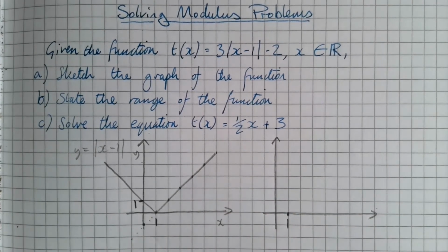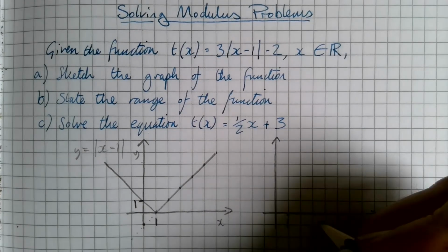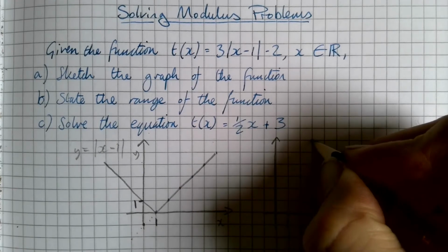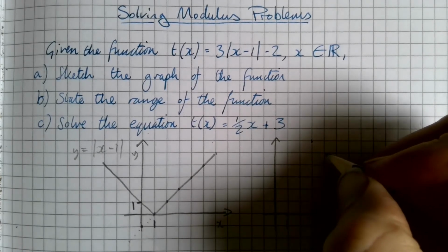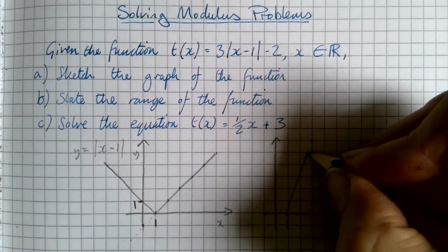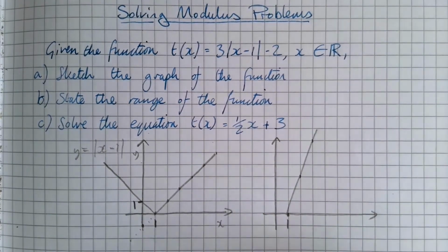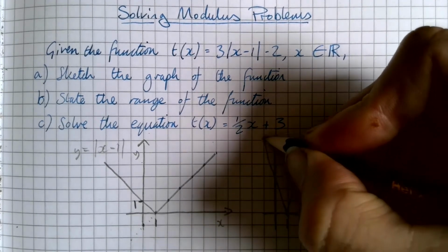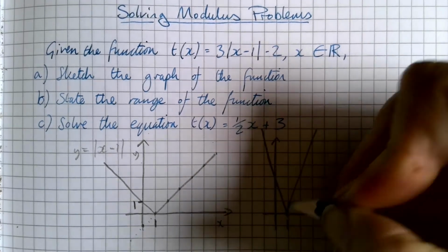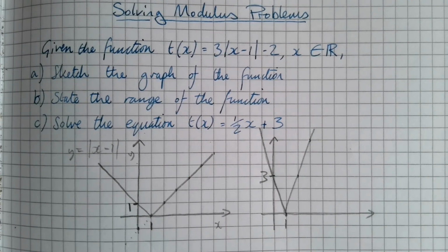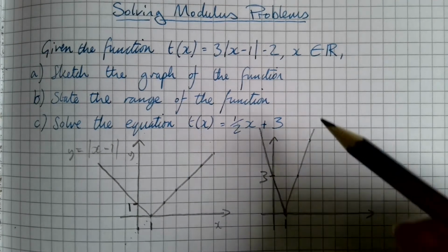The root's going to be the same, but instead of having a gradient of 1, it'll have a gradient of 3. Going up something like that, and that will be reflected, won't it? So that's going to go something like that, so that'll be at 3, and then the whole thing is -2.